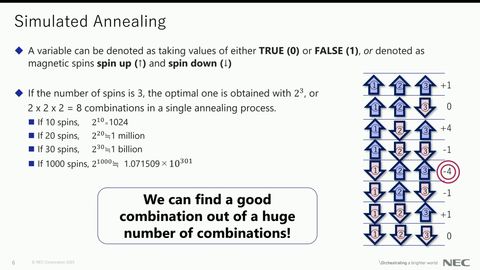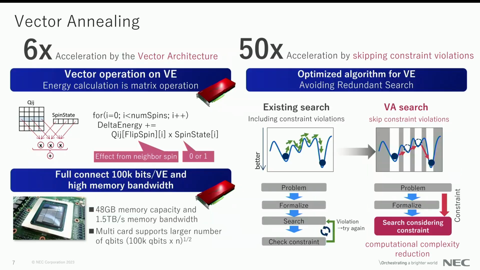These are just denotations. So if there was a problem that had 3 spins attached to it, or 3 variables, then to solve that problem, one would require 2 to the power 3 or 8 combinations. And if you look on the right side here, you will see all possible combinations.